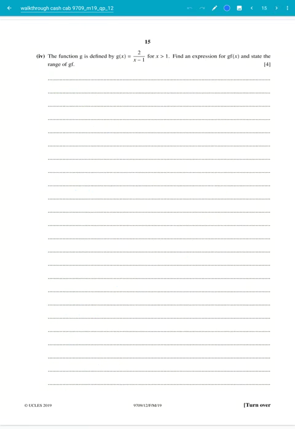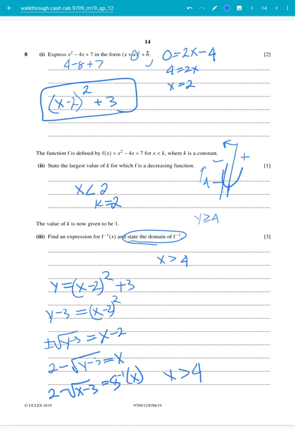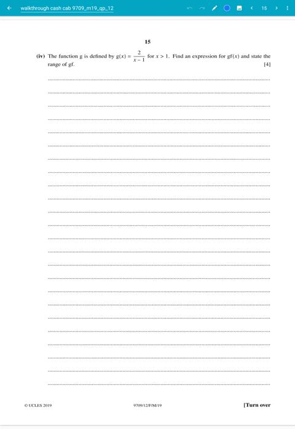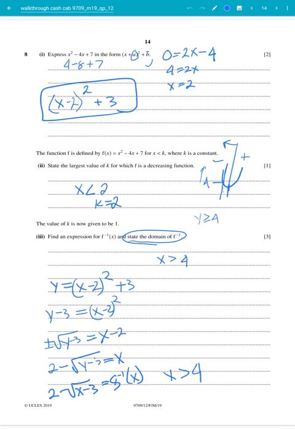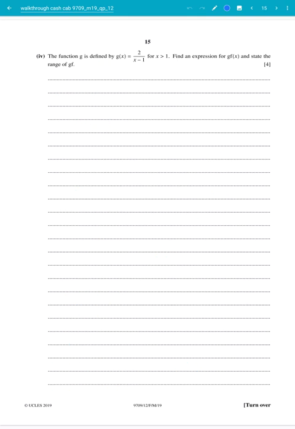Now we go on. Now we've got another function. So we're going to go back and look. So x greater than 1. So if x is greater than 1, that means f of x is greater than 4. So we're going to need that.